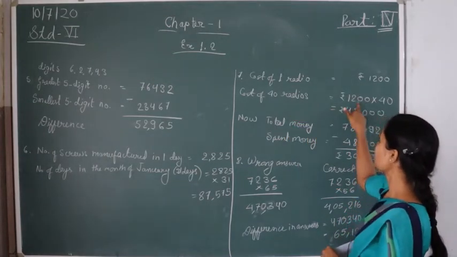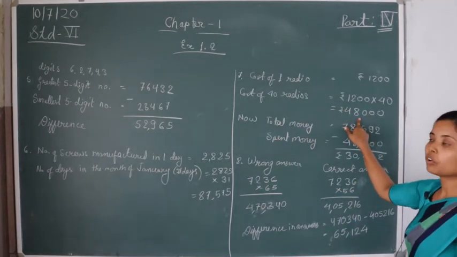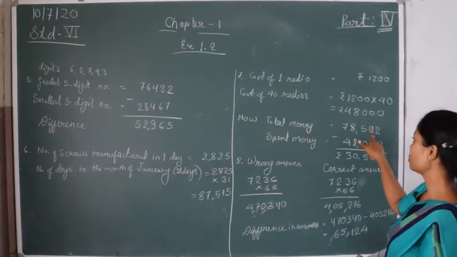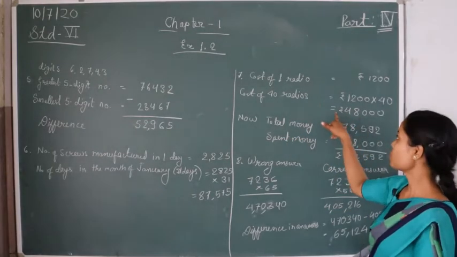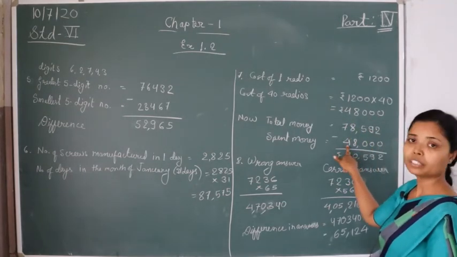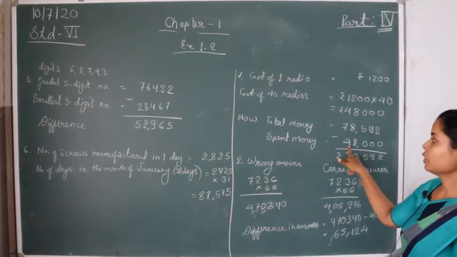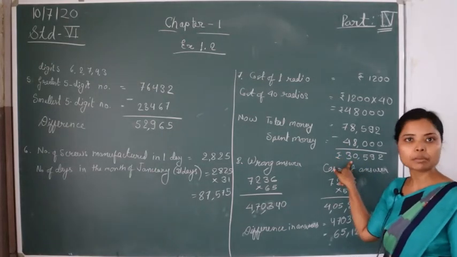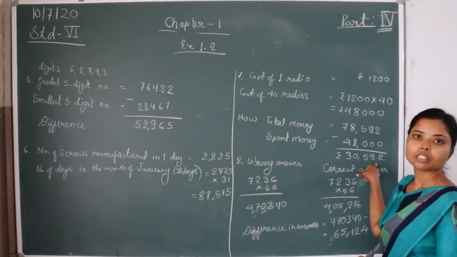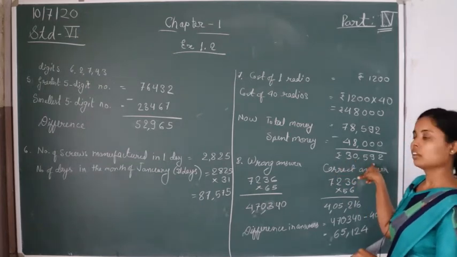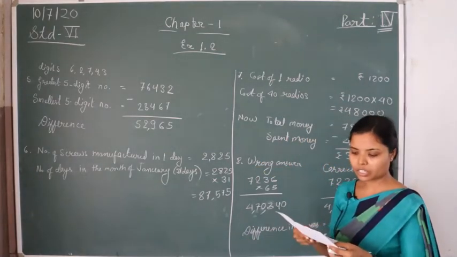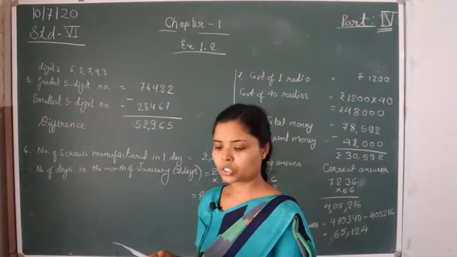So multiply this and you get 48,000 rupees. Then we have the total money, and the spending money is 48,000. When you find the difference between them, you get the remaining money with the merchant.